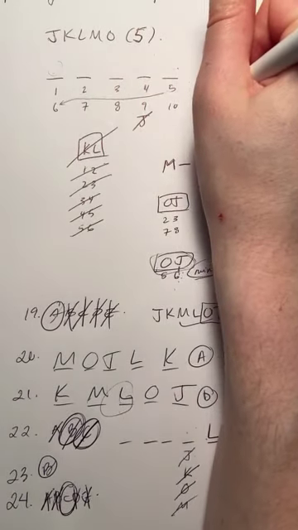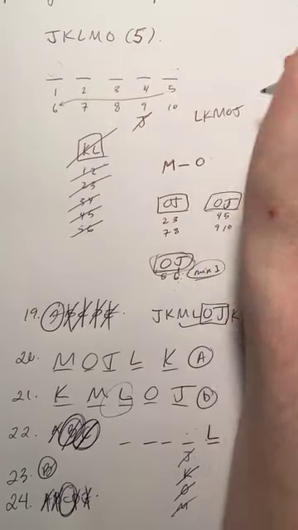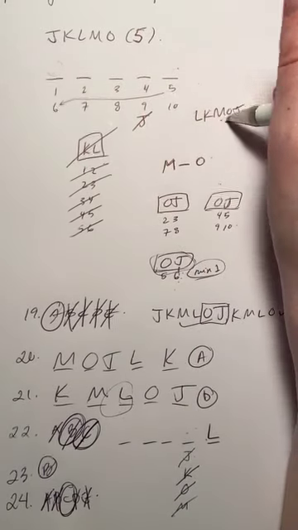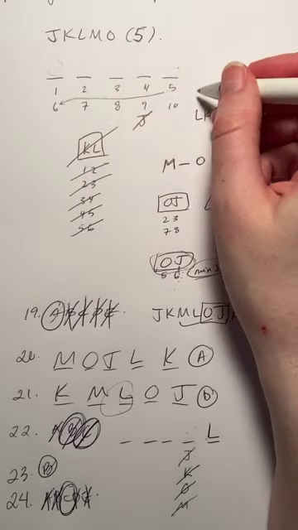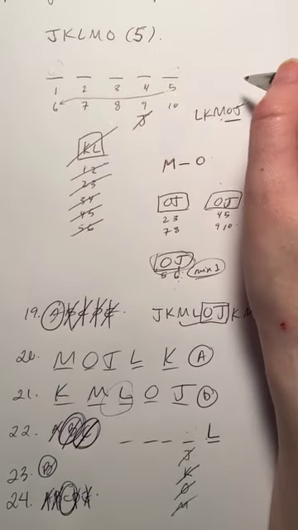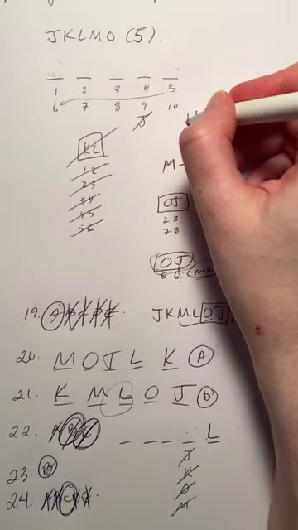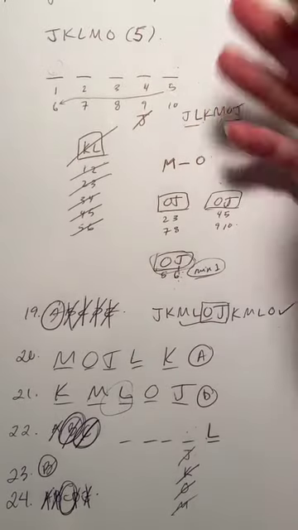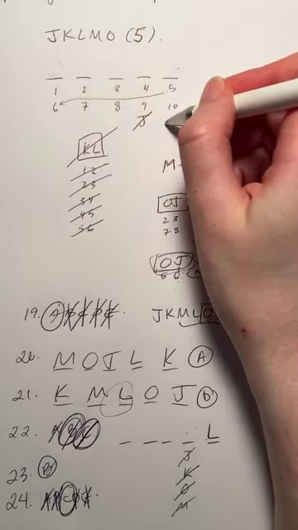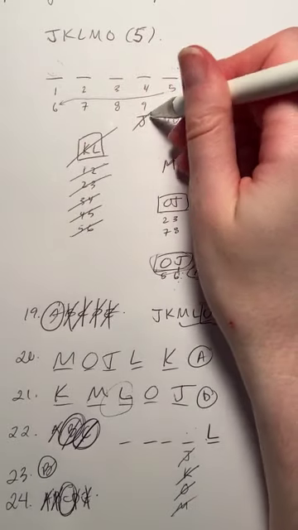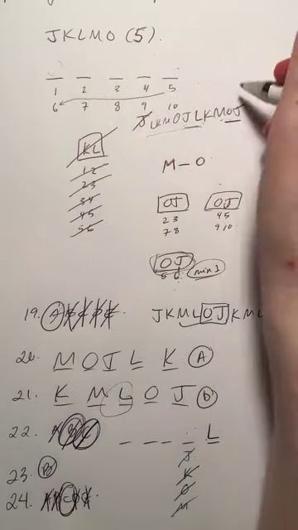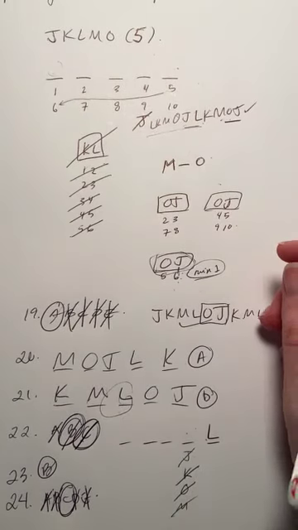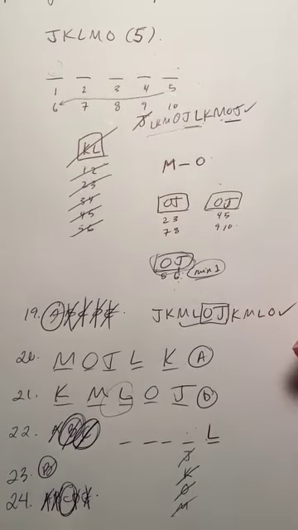We got L, K, M, O, J. So we've got our OJ, we have M before O, we don't have K before L. If we were to look at the relationship here, JL, that's totally fine. O, M, K, L, right? No problem with any of that, so that's totally allowed. C is the correct answer for 24.